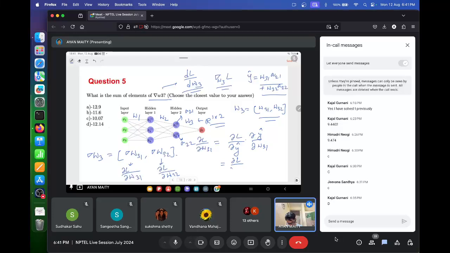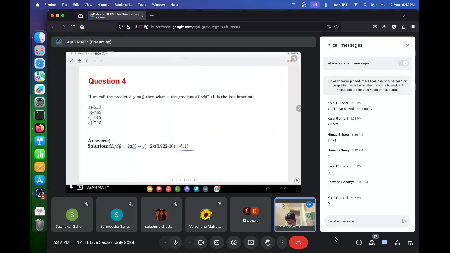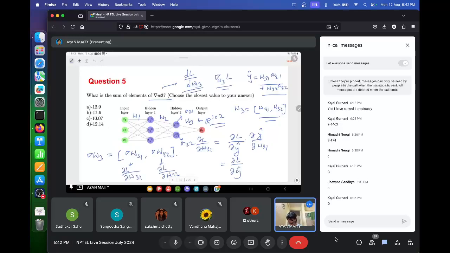Del L del Y hat we have already computed in the last question. And for del Y hat del W31, what is the derivative of Y hat with respect to W31? Using this equation we can compute it. We take the derivative of both sides with respect to W31, so only A21 remains.